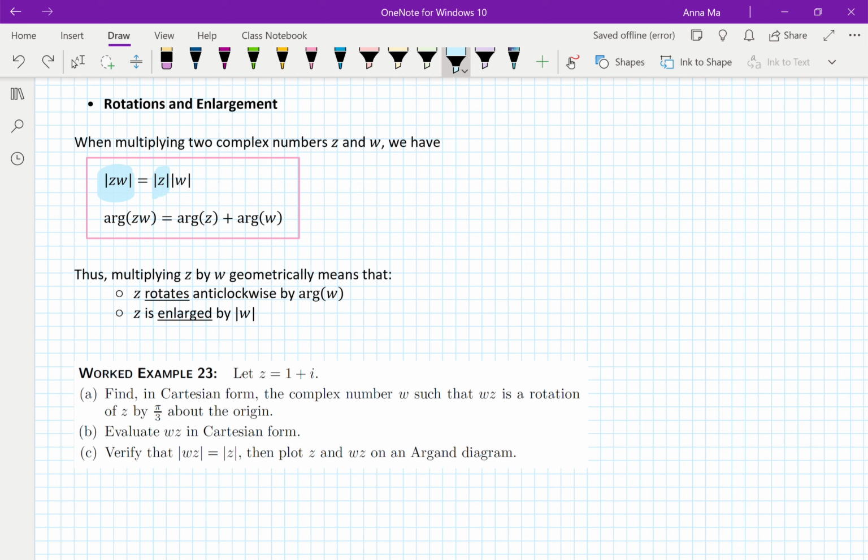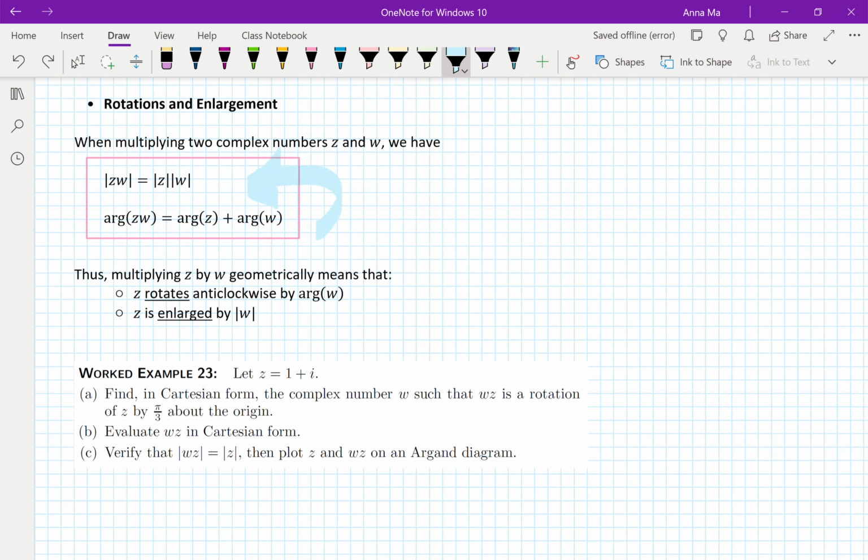And with the angles, if I look at the argument of z times w, then I end up looking at the sum of the angle for z and the angle for w. It's fairly easy to look at that on the diagram. Maybe you can try sketching it by yourself and see what I mean by that.